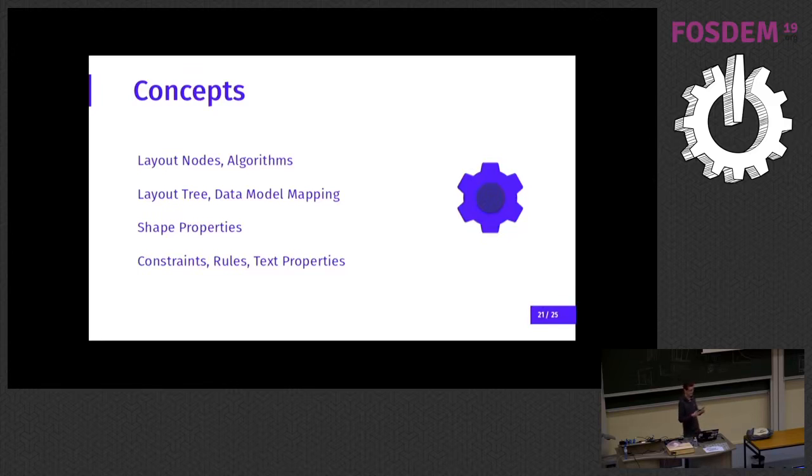Rather, first we take the drawingML input, we generate a drawingML in-memory representation for that, and we use the existing drawingML import to actually map that to our shape model, because this way we can share a lot of code. What else? We have constraints.